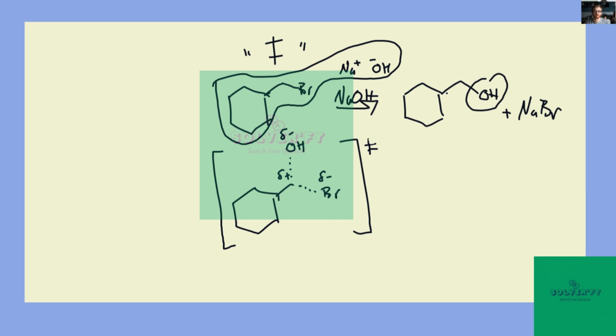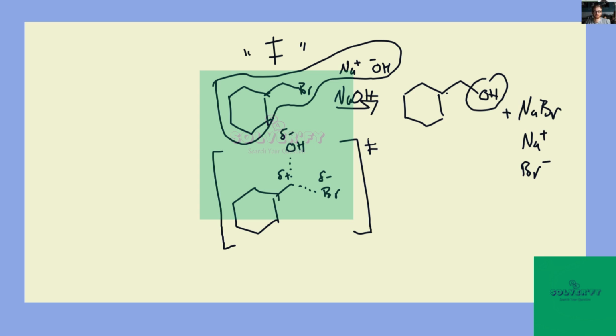It was neutral. So it's got to be somewhere in between negative and neutral, and we represent that with partial negative. Likewise, for bromine, it was neutral in the starting material, but existing as an ion, sodium plus, Br minus, in the final product. So it's got to be somewhere between neutral and negative. We call that partially negative.